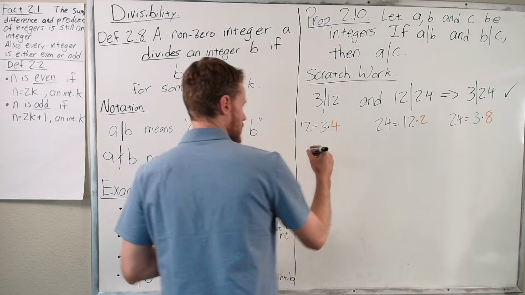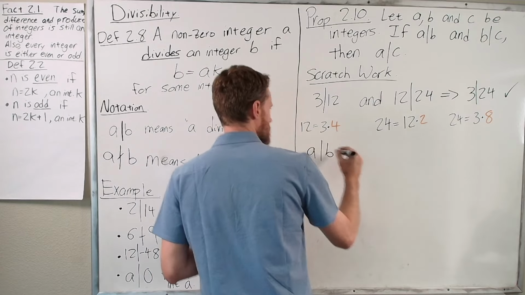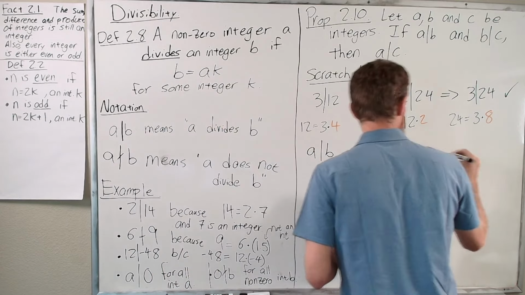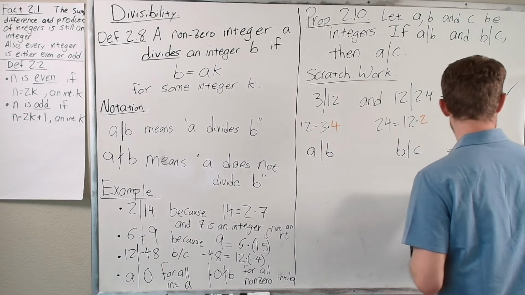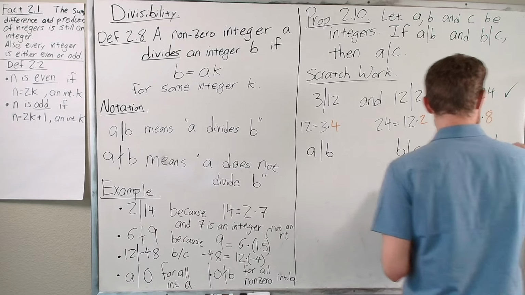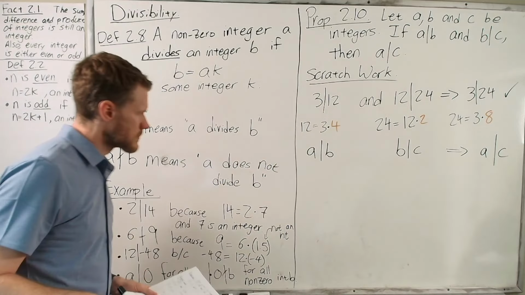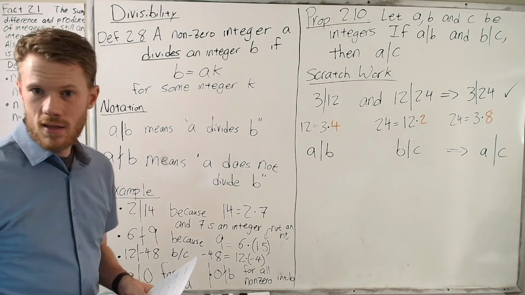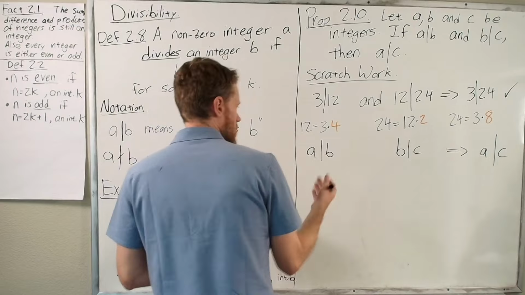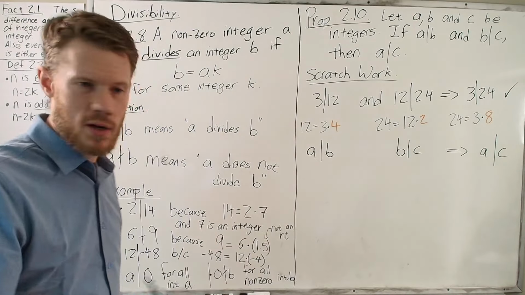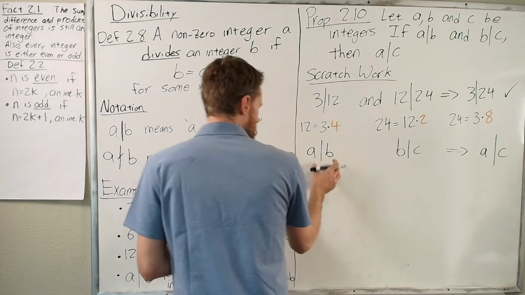Because when we actually are going to prove it, we're going to have a specific A divides B, B divides C, and we want to conclude that A divides C. So you think about what you're given, think about what you want to get to. What you're going to be given is that A divides B.